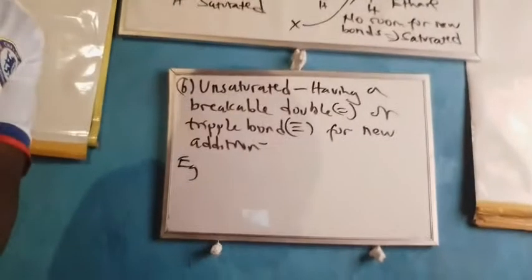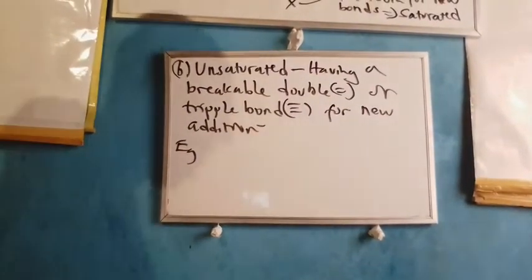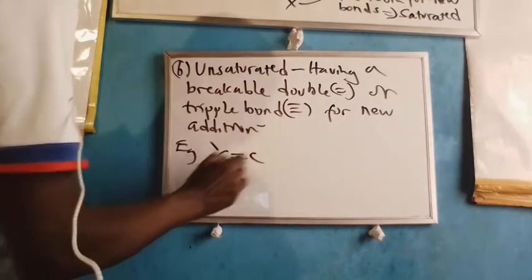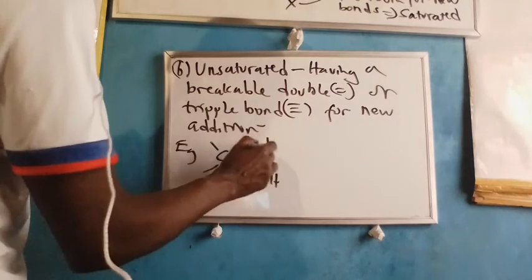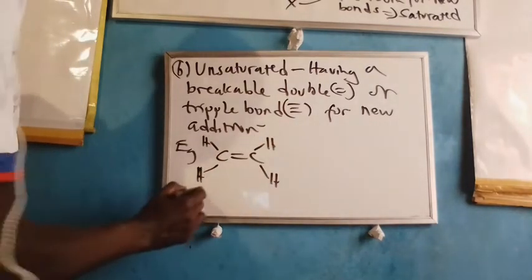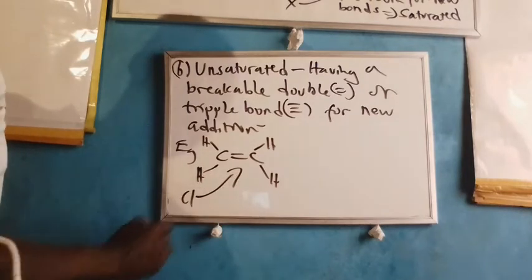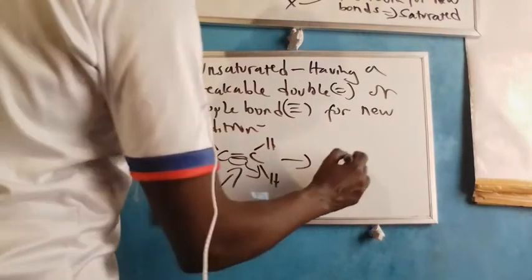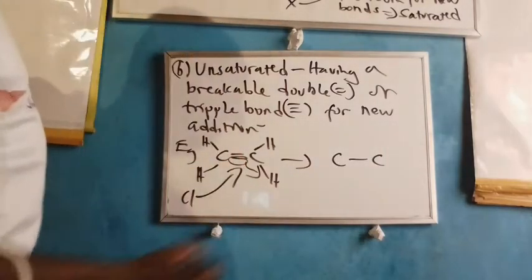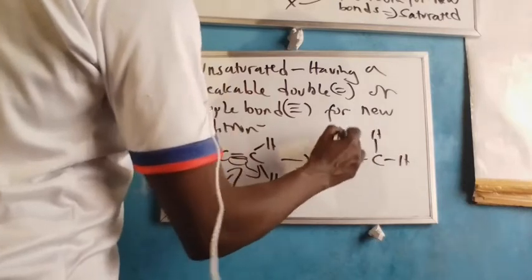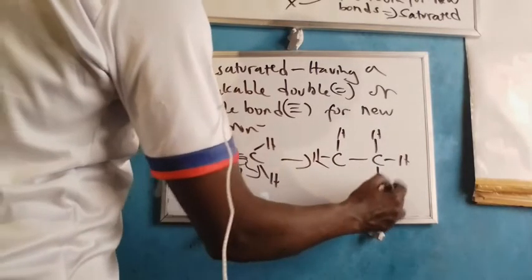For example, we may take ethene, which has a double bond, and in this case, when you bring a foreign species like a halogen to ethene, the middle bond is breakable, and when you break it, it's reduced to a single bond, and the consequence is a new attachment of the halogen.